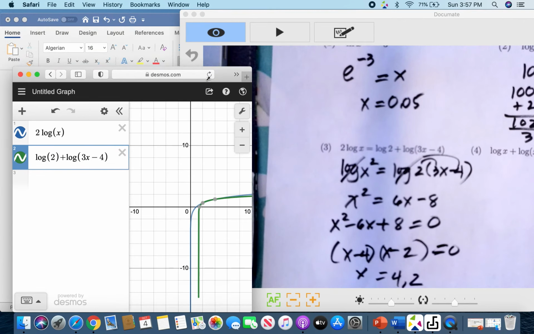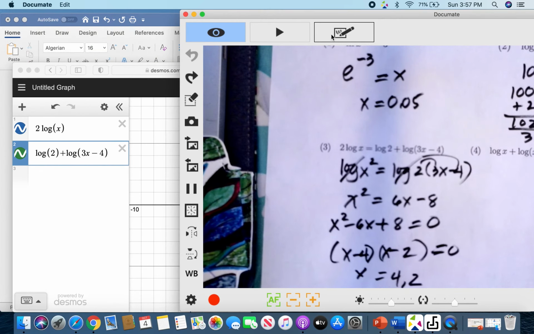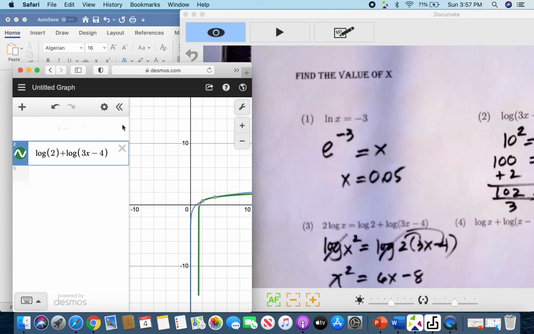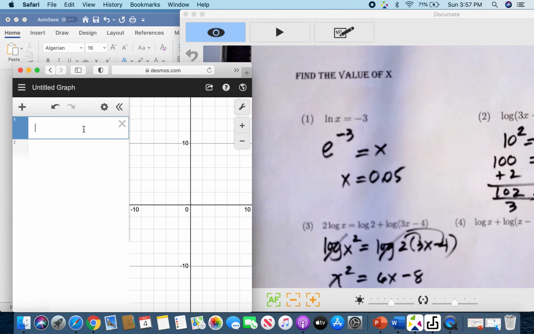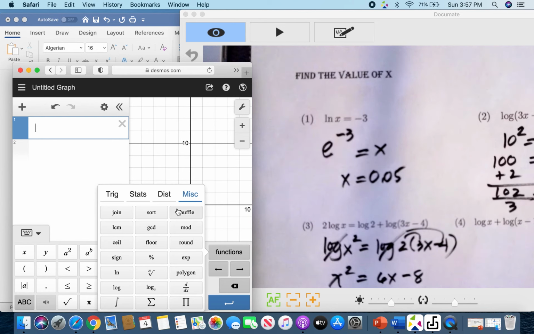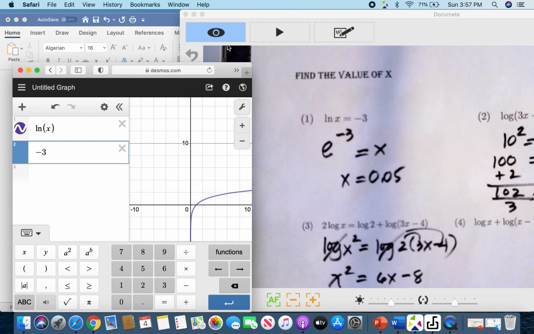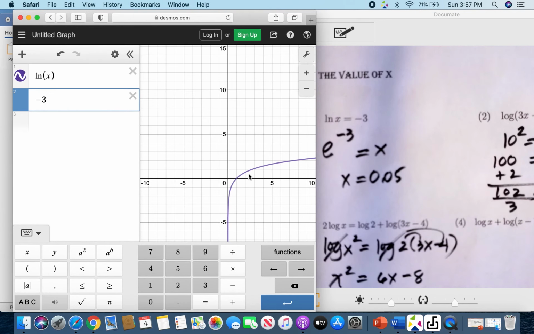You can also do this kind of strategy in other equations. Like if you have here ln x, natural logarithm of x, put that, and then for y2 you put negative 3.